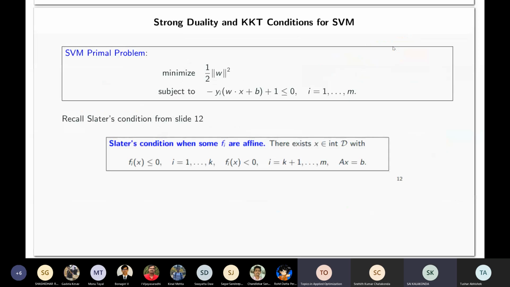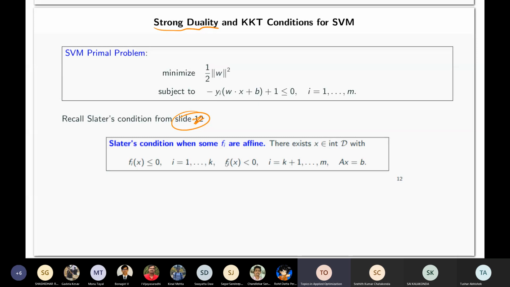So we are talking about strong duality here. The question is, in the SVM case, does it satisfy strong duality in the formulations that we have discussed? This is not the exact slide number anymore, but recall the Slater condition when your inequality constraints were linear.